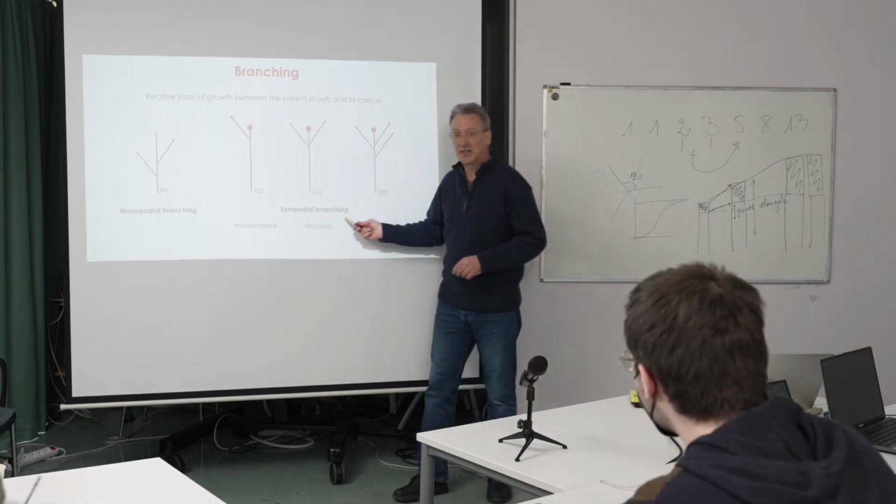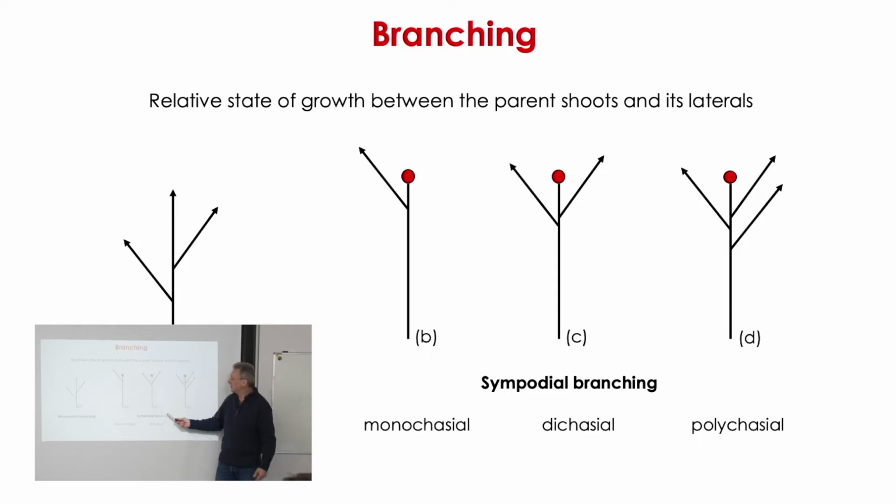In the sympodial case, it's the opposite. The main stem will grow up to a certain point where it will transform, for instance, creating a flower. This is what you see here. And then you will have relays, branching that will take over the growth of the main stem, because the main stem is stopped here, you see.